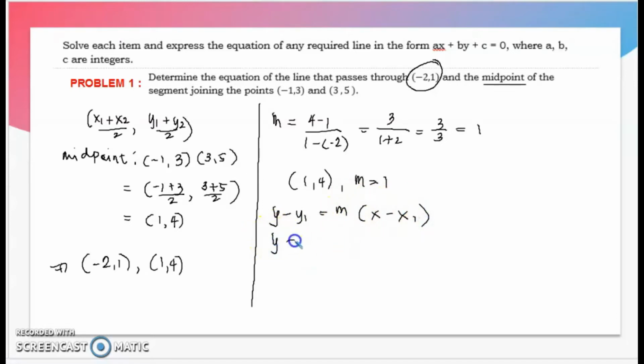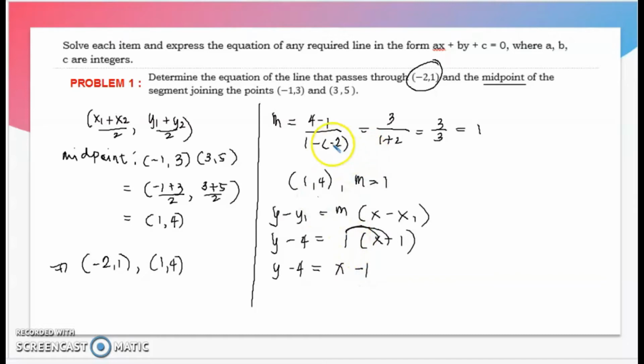So y minus y sub 1, which is 4, and slope, which is equal to 1. Then x minus the value of x sub 1, which is 1. And then simplify. So use the distributive property here. So that is y minus 4 is equal to, so 1 times x is equal to x. 1 times -1 is equal to -1.